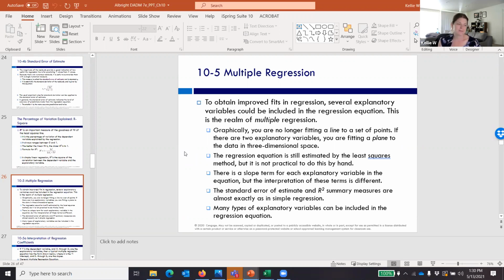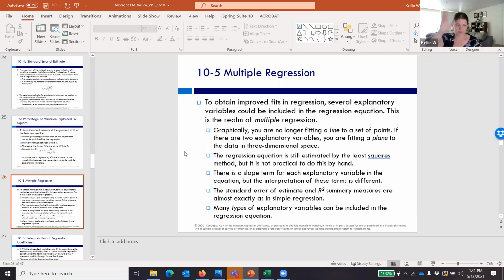It's still using the least squares method, but it would not be practical to do it by hand anymore. You really need computing power, because now the observed value is off not just in one dimension, but in two, along the x-axis and the z-axis.